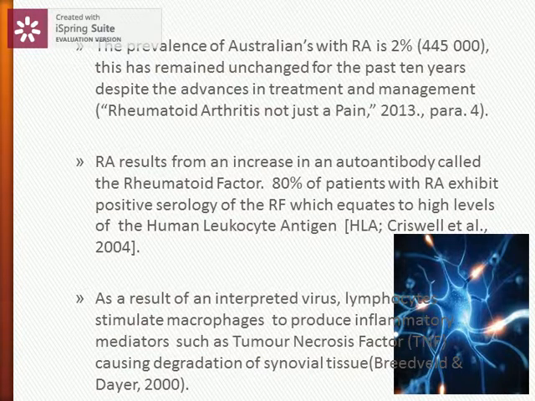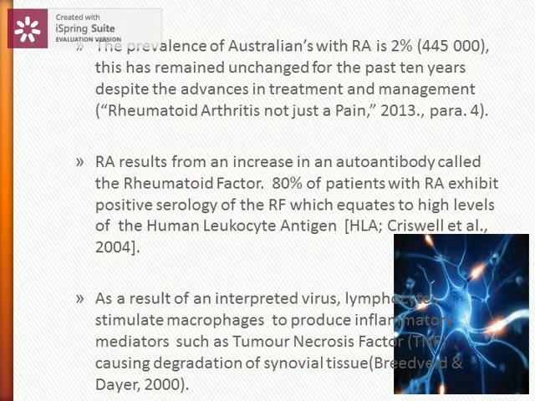The prevalence of Australians with rheumatoid arthritis is 2%, and this has remained unchanged for the past 10 years despite the advances in treatment and management. Rheumatoid arthritis results from an increase in an autoantibody called the rheumatoid factor, and it's found in 80% of patients with RA.